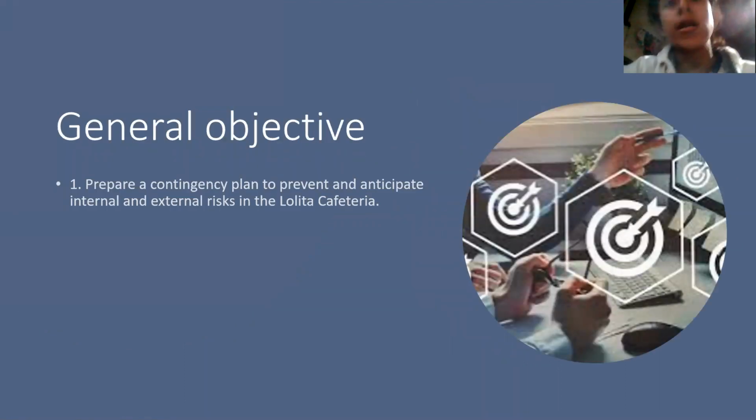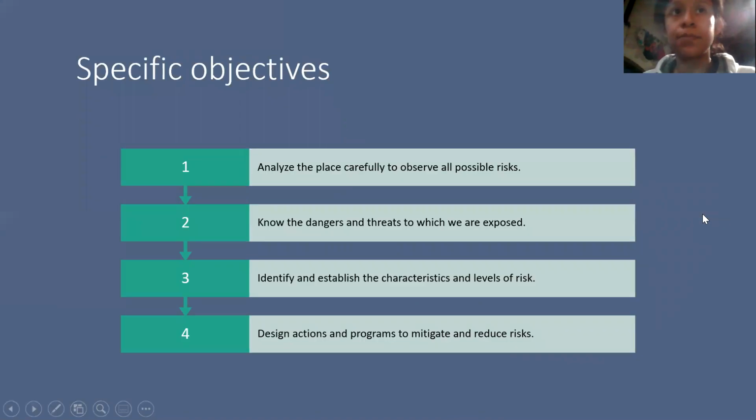The general objective was to prepare a contingency plan to prevent and anticipate internal and external risks in the cafeteria. The specific objectives were: 1.